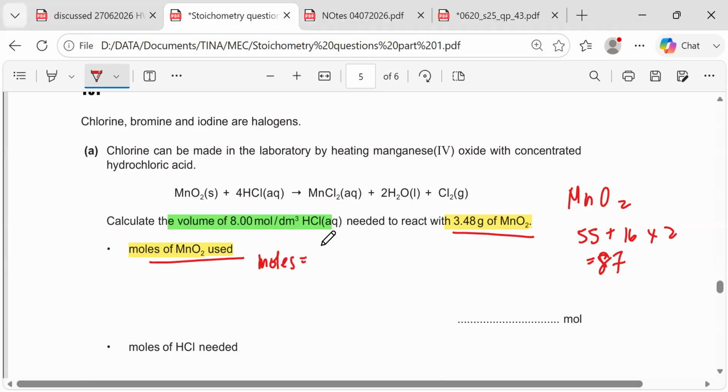Write down the formula. Why? Because you will forget if you don't write it down. You won't know how to do revision. Mass over molar mass. 0.04.